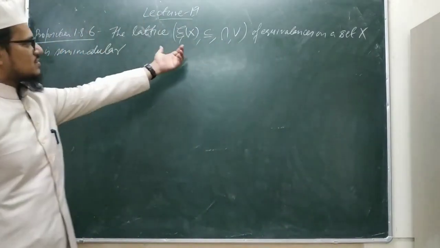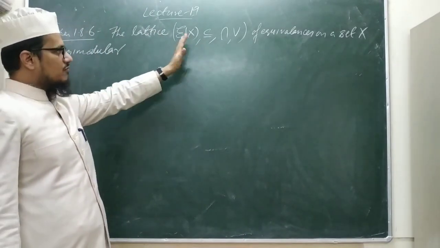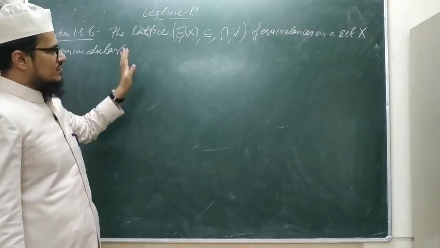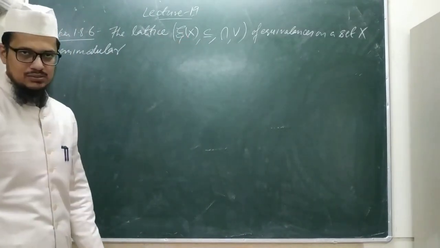So basically this is the lattice of equivalences, correct? We have to prove that the lattice of equivalences of a set X is a semi-modular lattice, correct?